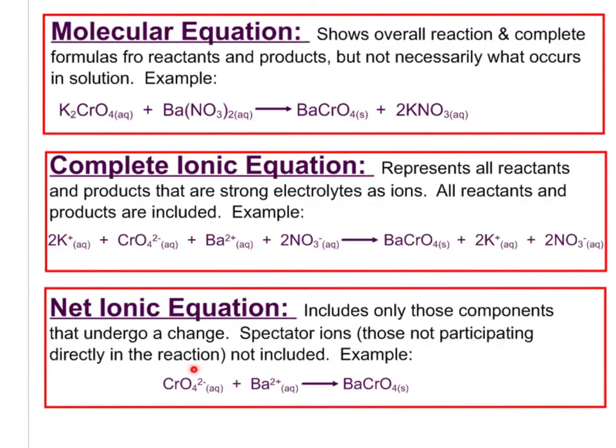They're not participating directly in that reaction, and we do not include those in the net ionic equation. We're only going to include those that undergo a change. That would be chromate and barium. So we'll take the chromate and the barium. Those react and form barium chromate solid. And this would be our net ionic equation.